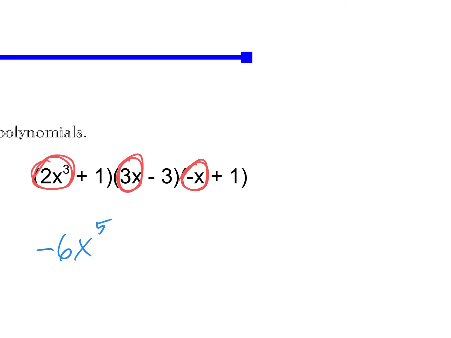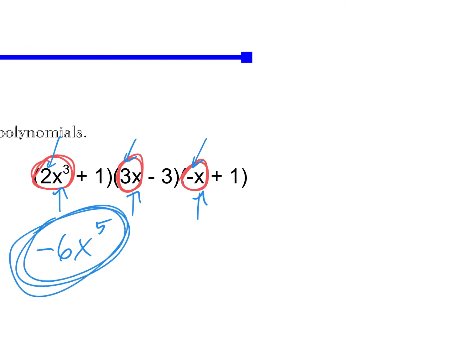Yes, perfect. 2 times 3 makes 6. Why is it negative? Because of that negative on the x. Then the x to the third, x to the 1, and x to the 1 makes x to the 5th. Perfect. Now, it's negative. Right side's down. Got it. If a negative book has a sad ending, right? It goes down at the end. Negatives. All right, and then is it the same or different? Oh, it's odd, so it must be odd degree. So it must go different on the other end.